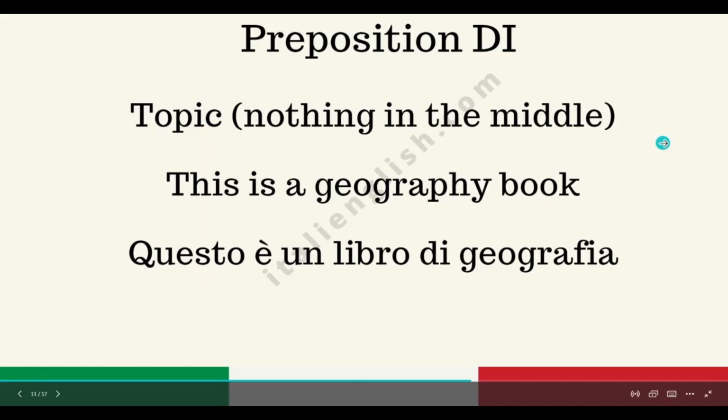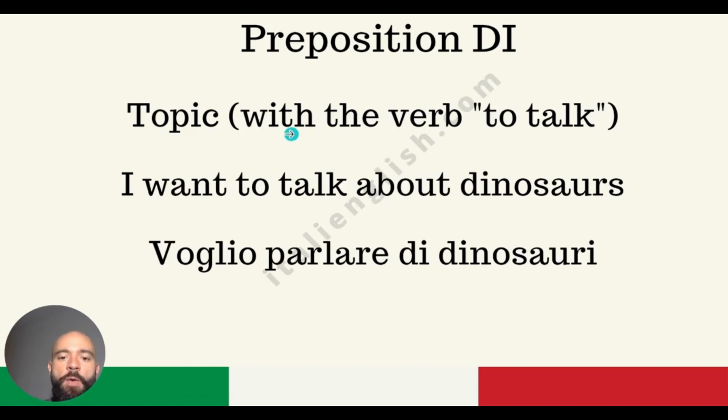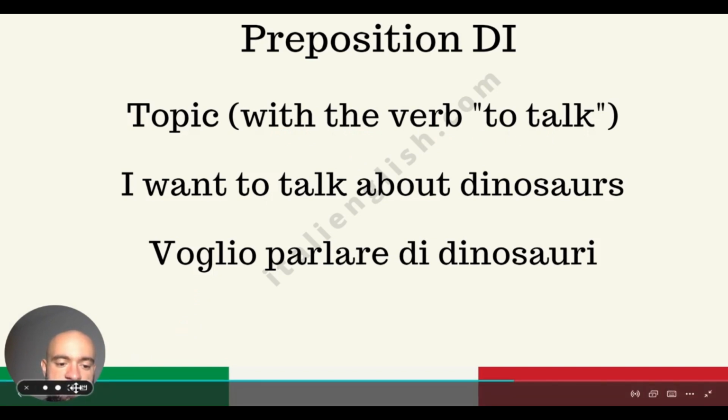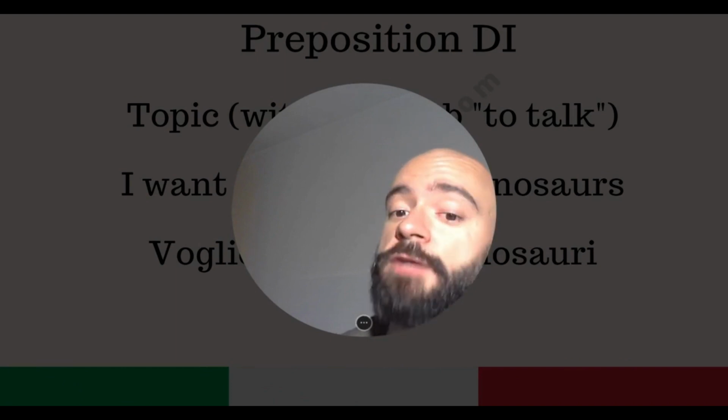Let's carry on with another case scenario under the umbrella of topic scenarios. When we have the verb to talk, and why am I telling you this? Like I said, do not make assumptions.